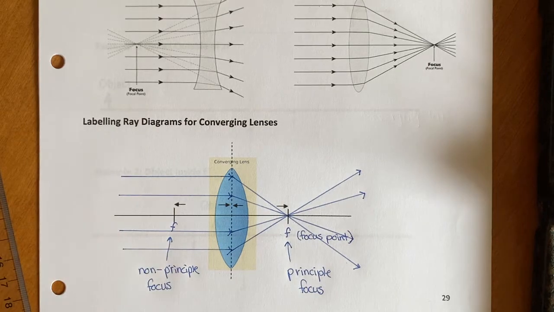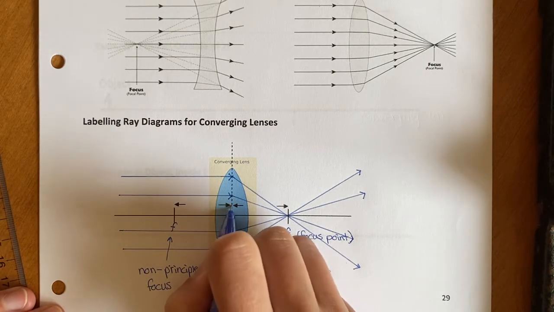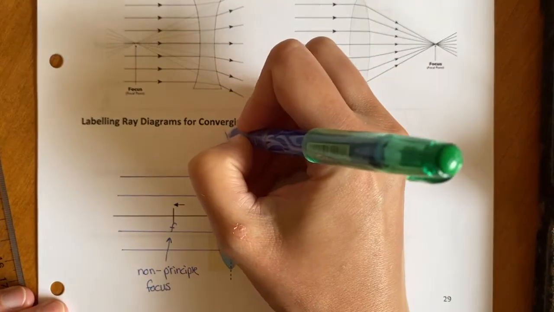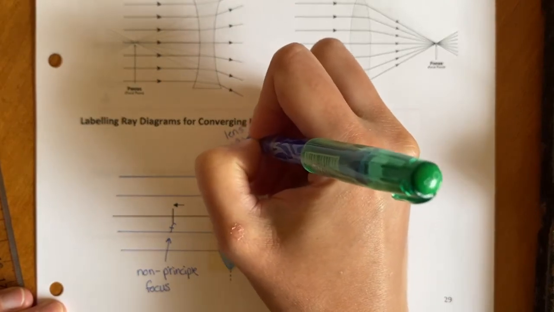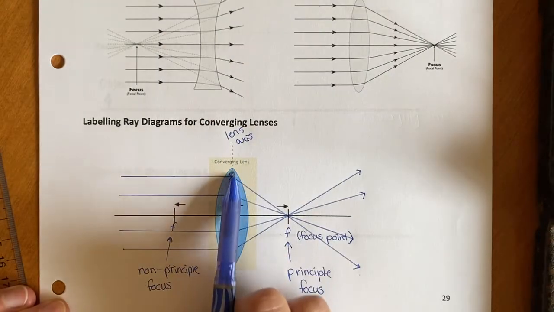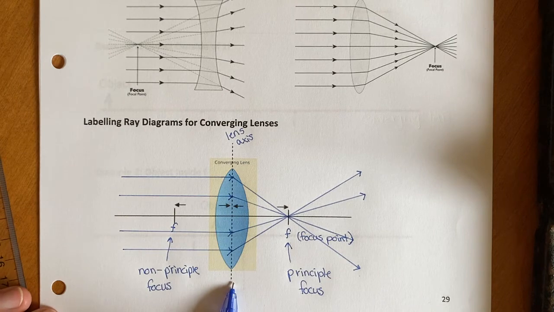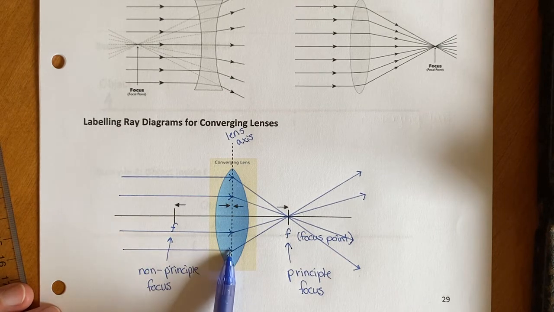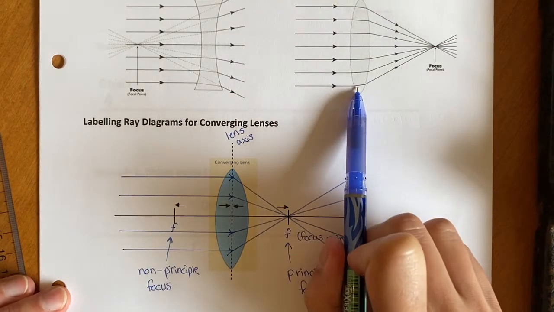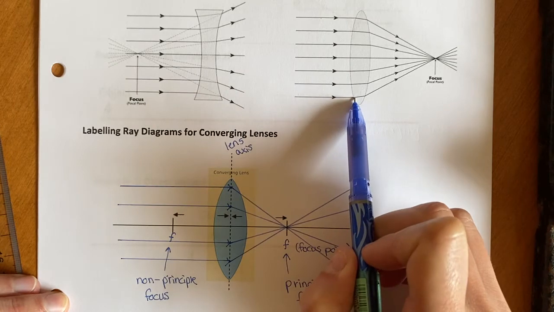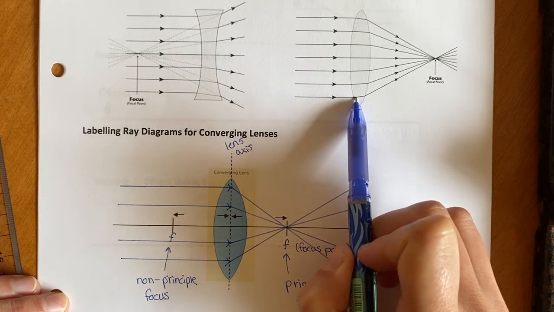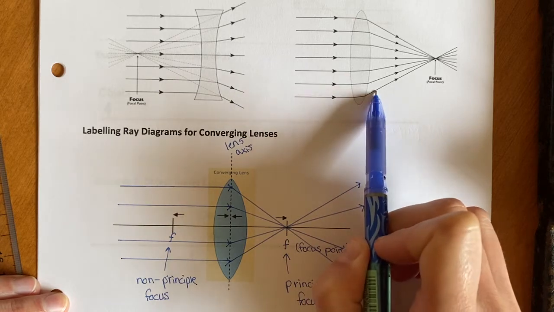focal point. Okay, the distance between the center, so this is called the lens axis, which is this dashed line through the center of the lens, and that's where we're going to be drawing all of our changes, all of our refraction happening for our purposes. In reality, it's more like what you see in this picture, where you're going to have refraction happening at the boundary of where the light meets the glass, and then when the glass meets the air again.